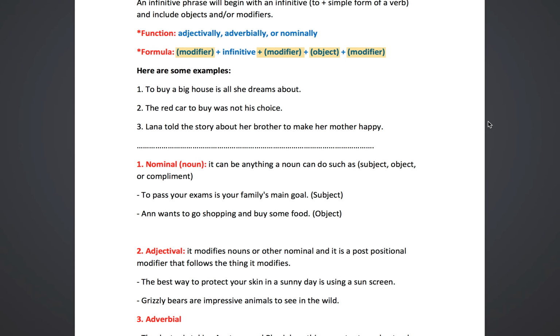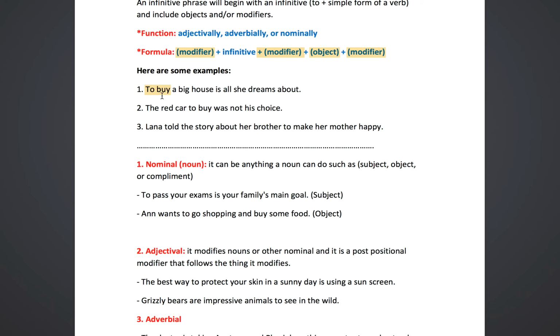So here we have some examples to make it more clear for you. The first one: To buy a big house is all she dreams about. Let's take a look at the structure of the sentence. Here we have to buy, a big house, and the verb of the sentence, and they are the complements.